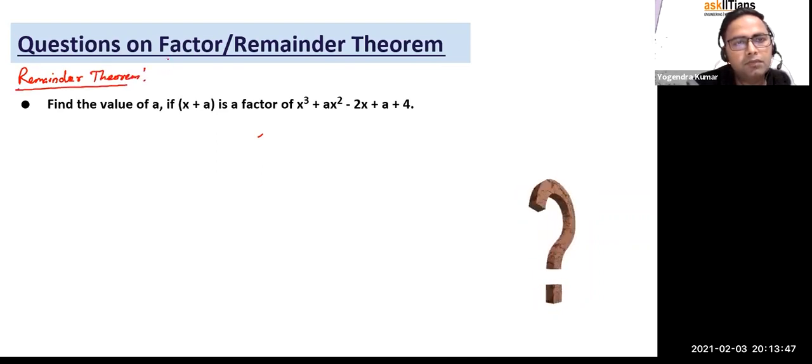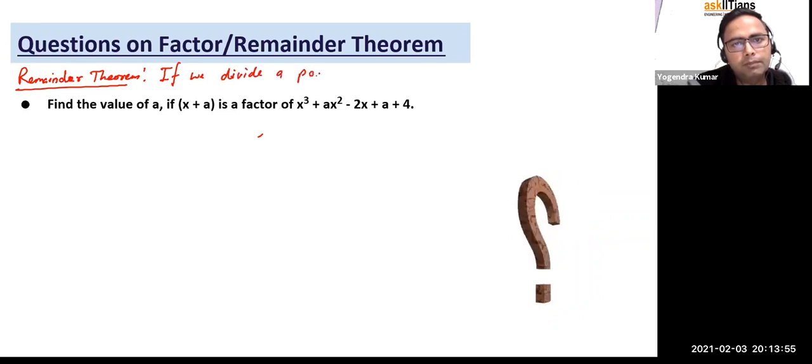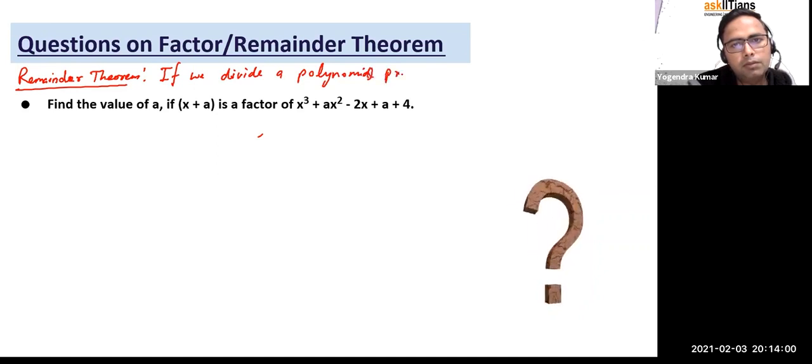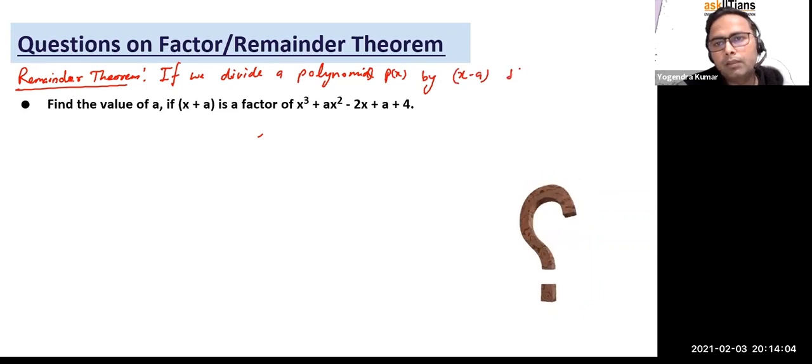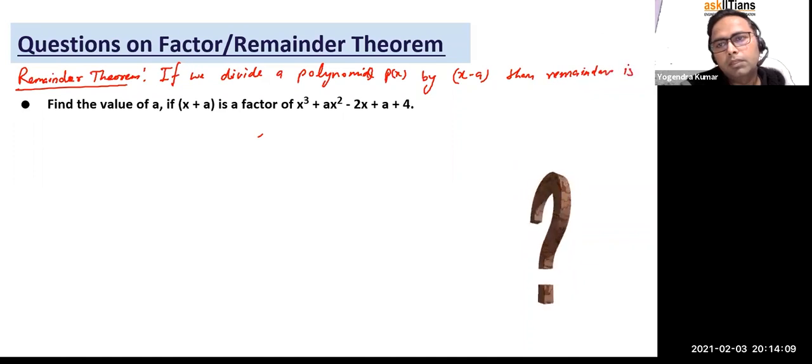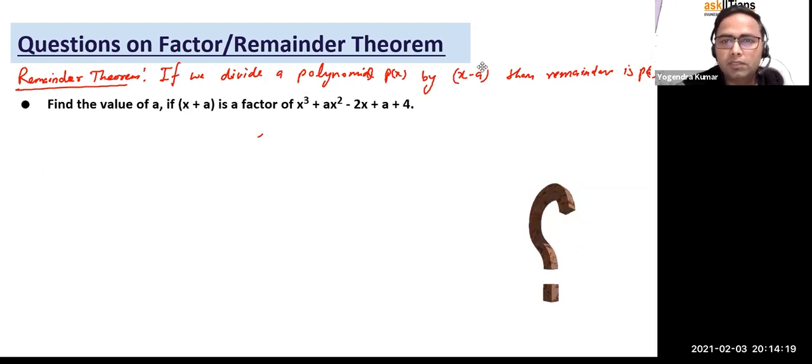In remainder theorem, we say if we divide a polynomial p of x by x minus a, then the remainder is p of a. You don't need to do long division, by the way, because that's what we discussed last class also.